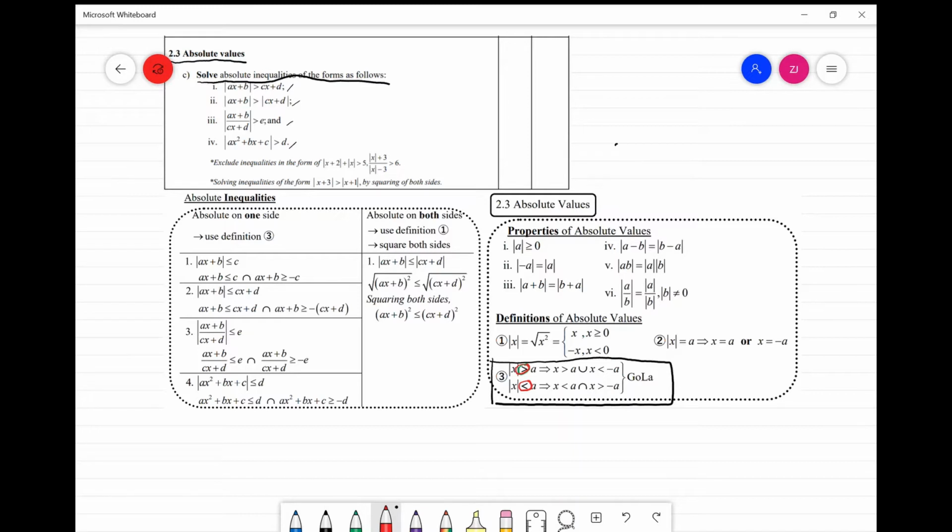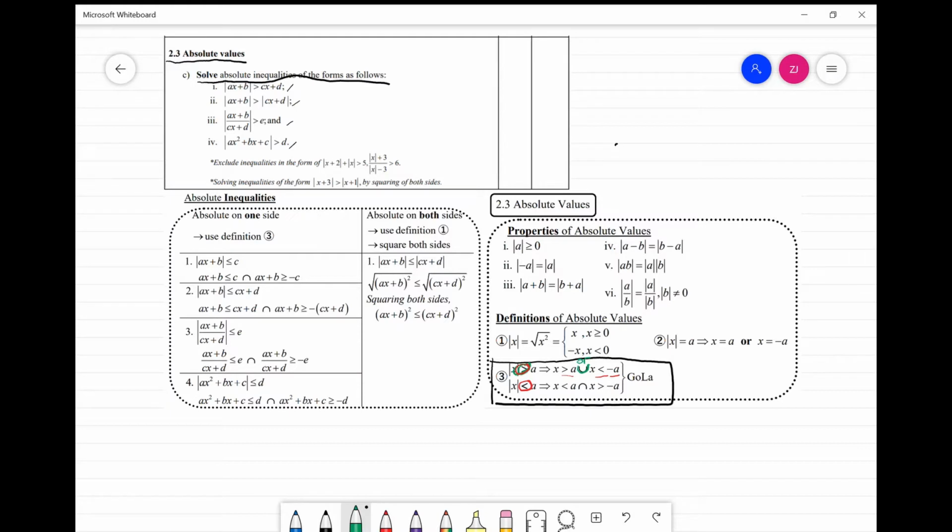So we just copy back the inequality sign, greater than a, and next we change the inequality sign, less than negative a. But please bear in mind, when we have the greater than sign, we are going to have union, also represented by the word or.